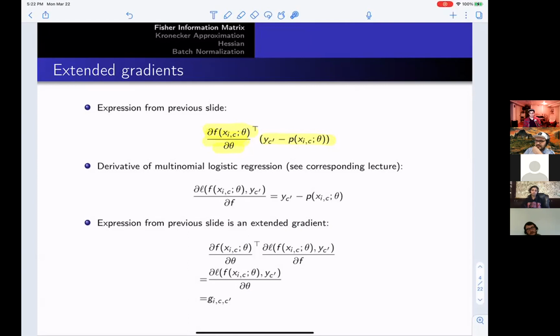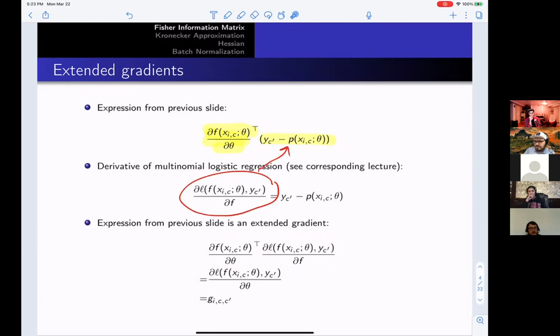Now, notice that in light of this expression, if you just put this here, then you get this expression right here. So this is the derivative of f with respect to θ, which I copied from here, multiplied by the derivative of the loss with respect to the logits, which I copied from here.